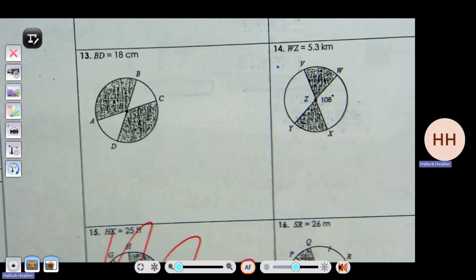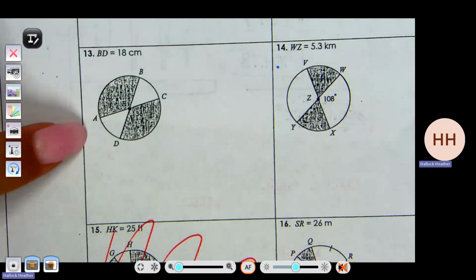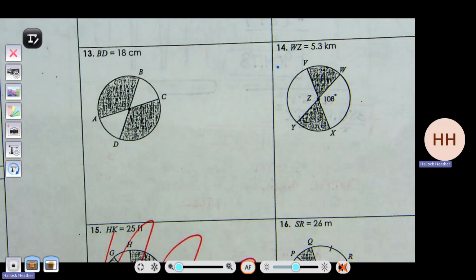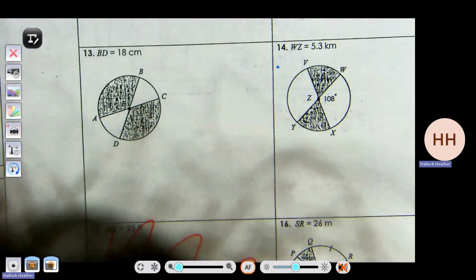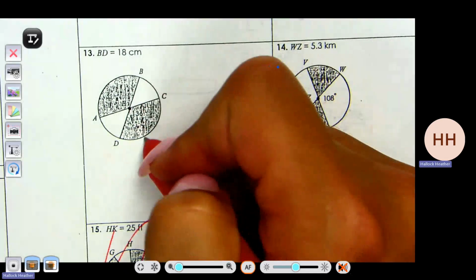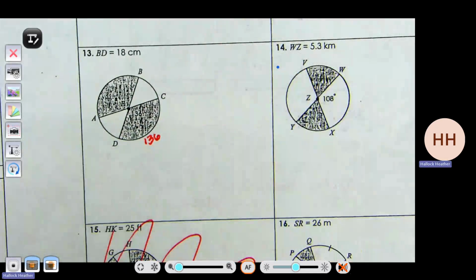Got it. Okay. 13. We are finding the shaded region. Now you have multiple shaded regions. So what are we gonna do? First off, what is the number that's actually there? Okay, good. So this is 136. We need all of the shaded region.